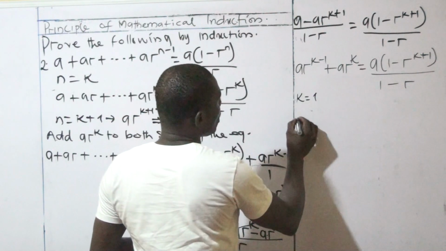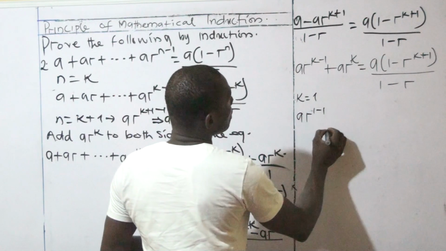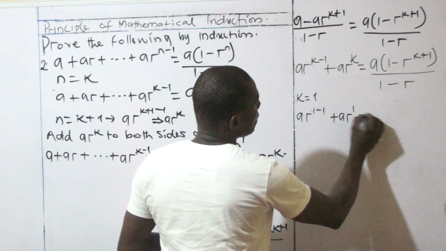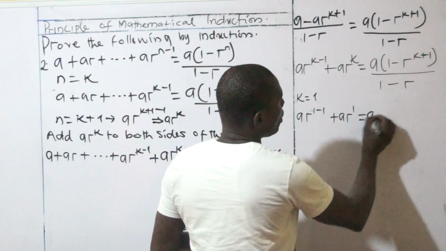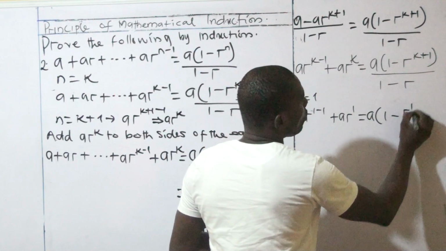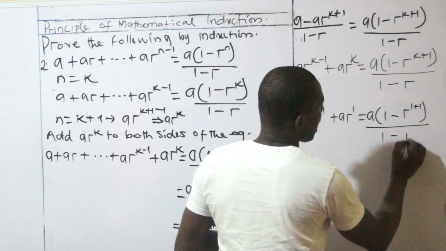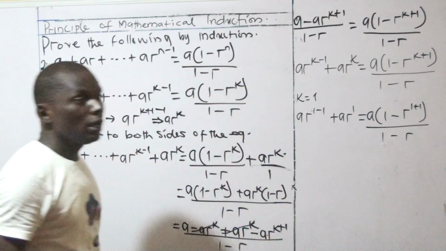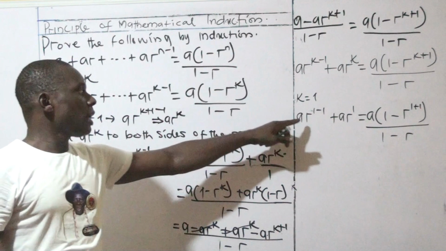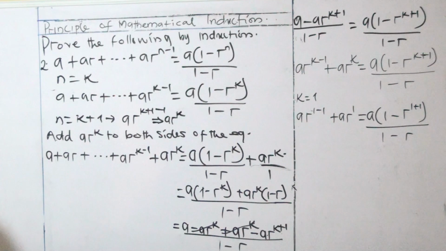So if we put it here, this becomes a r raised to power 1 minus 1 plus a r raised to power 1 is equal to a open bracket 1 minus r raised to power 1 plus 1 close bracket all over 1 minus r. Okay, here 1 minus 1 is 0. That means r raised to power 0 is 1 from indices.